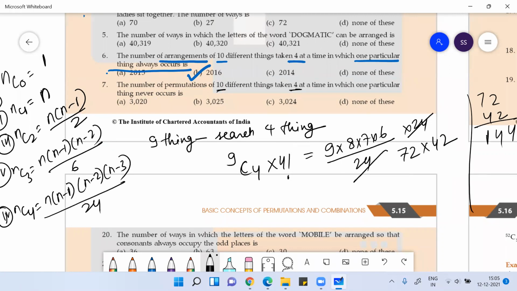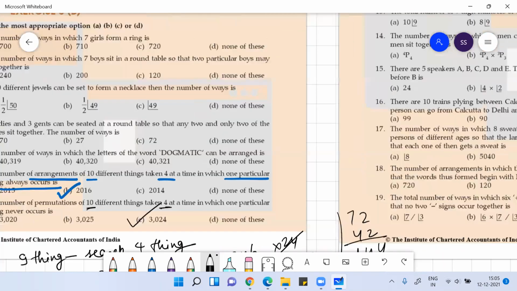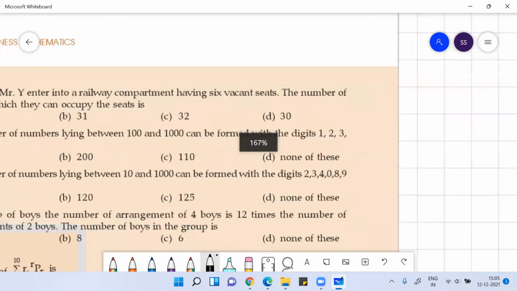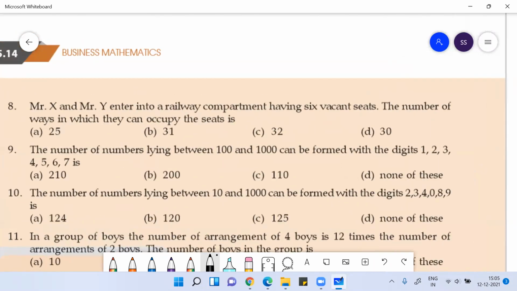How much? 3024. Yes, sir. It's interesting, right? If you're good with PNC, automatically you will be good with probability, theoretical distribution of data, everything. So you have to be good with PNC. Eighth one, tell me the answer.